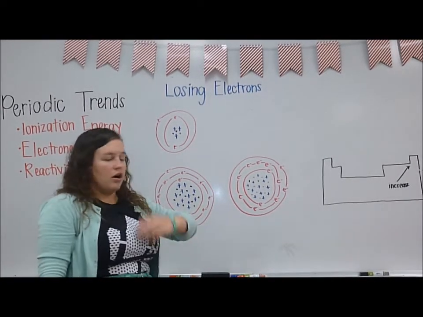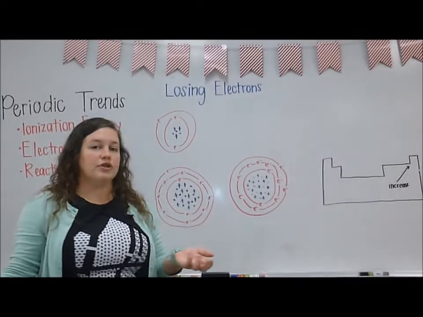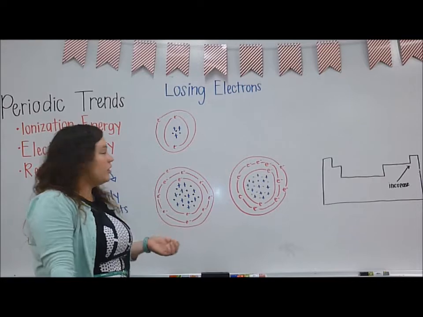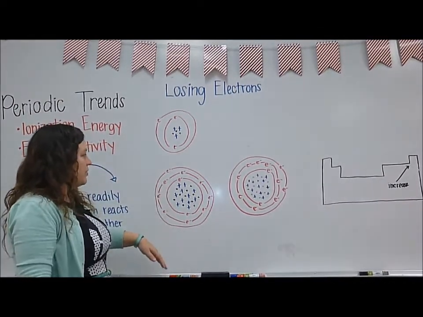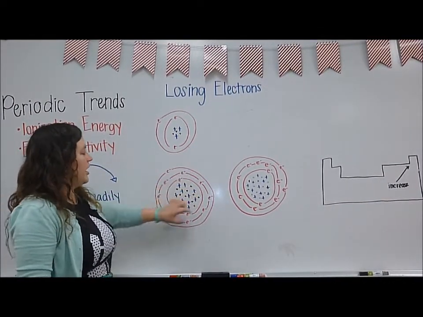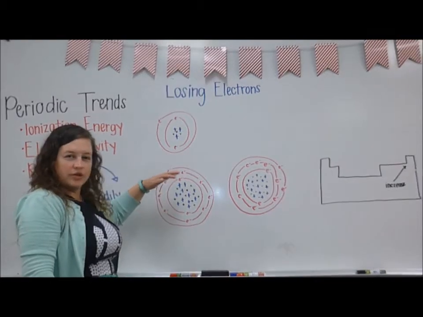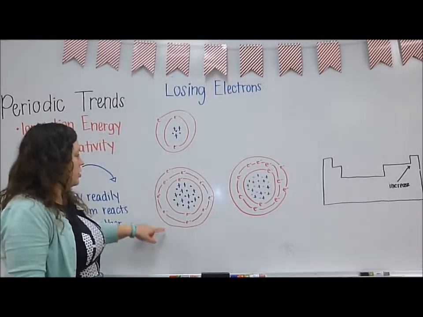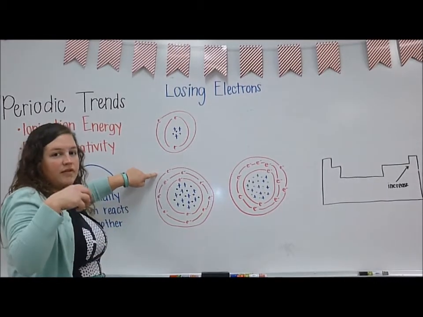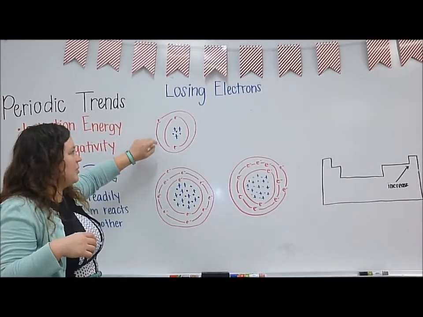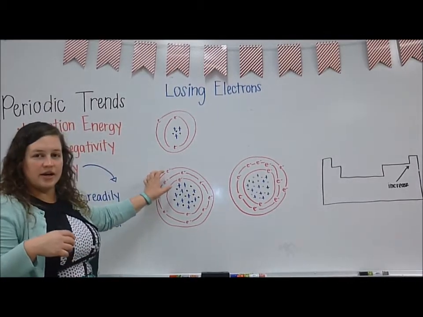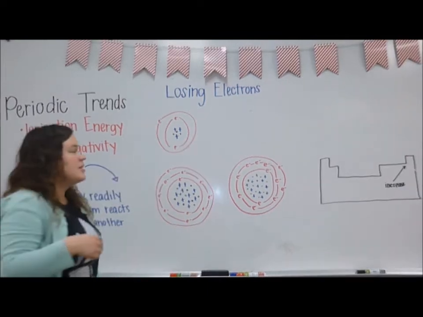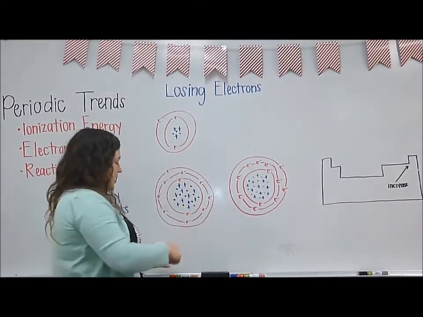The closer they are to already having a full outer shell, the easier it's going to be to pull that electron off. Also, as you go down the rows, because there are more energy levels between the nucleus and that outer electron, we can pull off the electrons on the outside much more easily. So sodium's outer electron can get pulled off a lot more easily than lithium's can, because sodium has more energy levels, so less pull from the nucleus to hold it together.